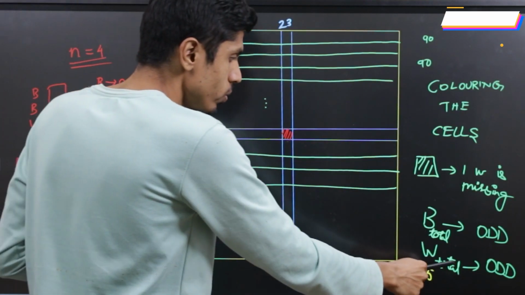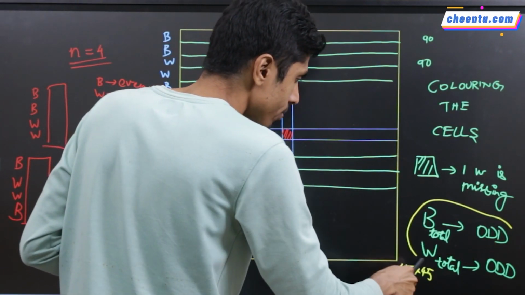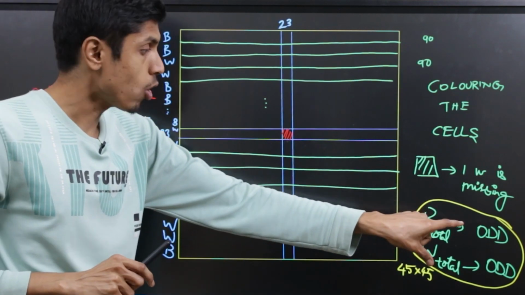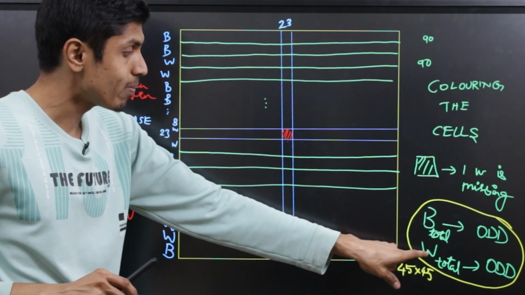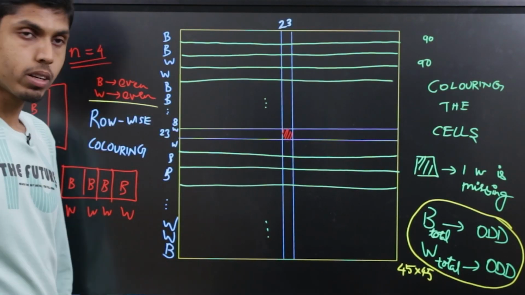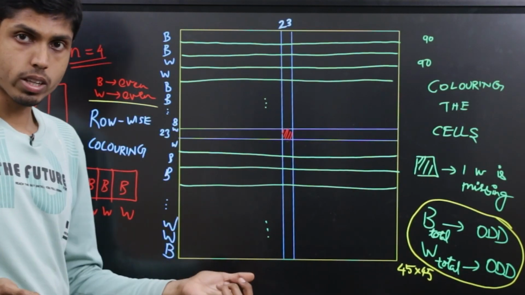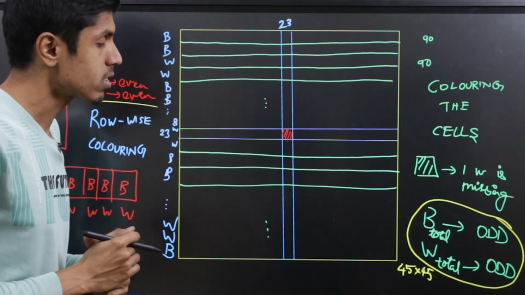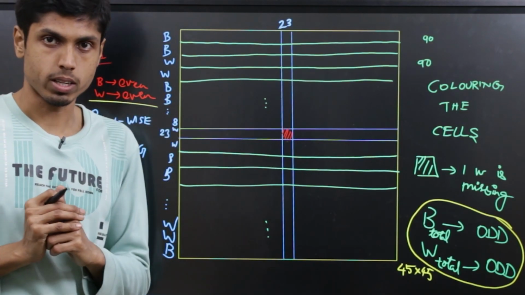And I knew that the total black unit cells is odd in number, so is the total number of white squares. And I would end up with a contradiction. Hence, it's never possible to tile this structure with 1x4 and 4x1.